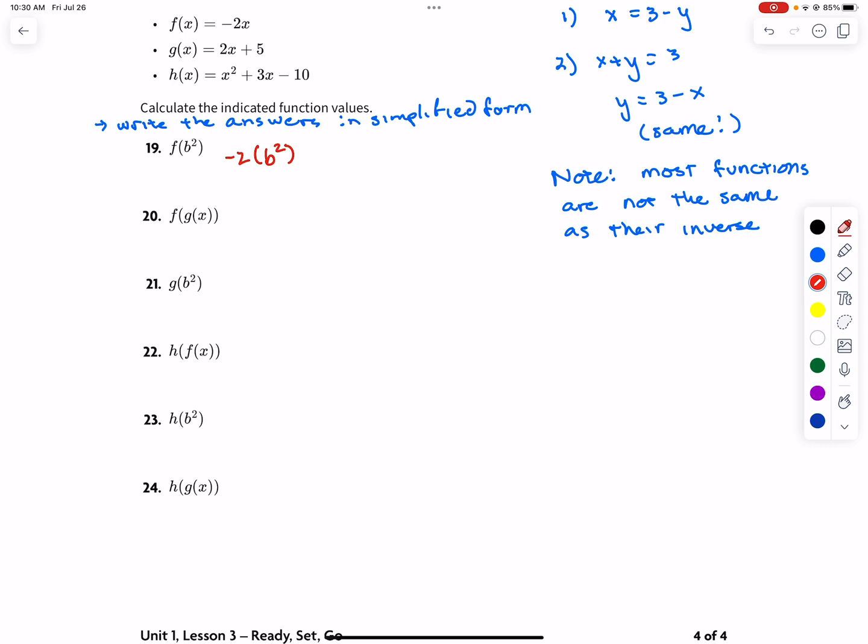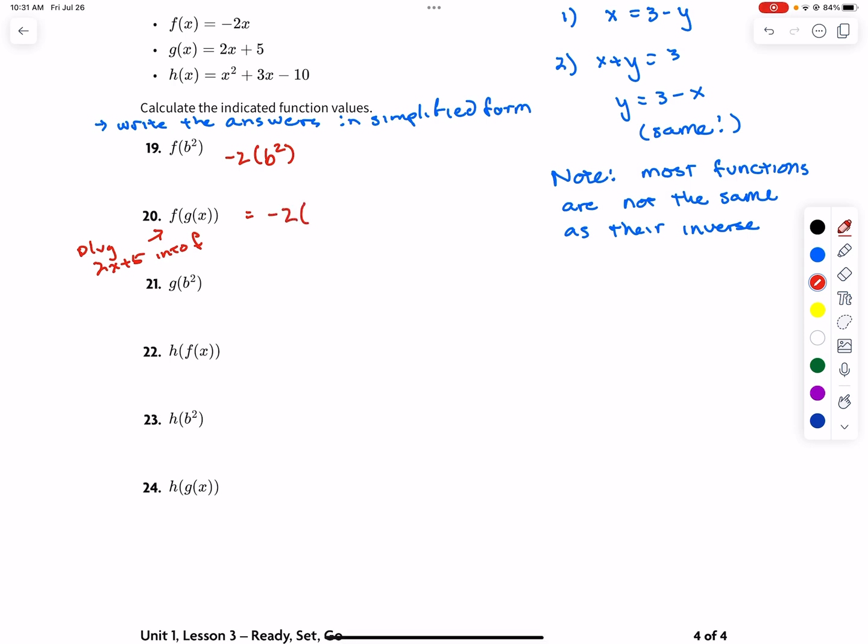For example, f of g of x means stuff 2x plus 5 into f. And that takes a little while to think about because there's already an x in f of x. But remember, it's a template. f of thing is negative 2 thing.